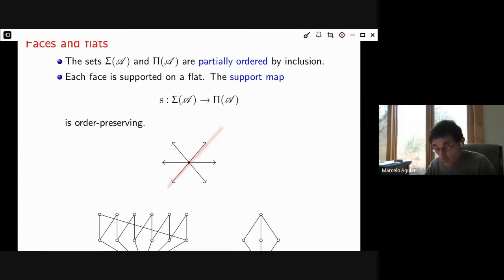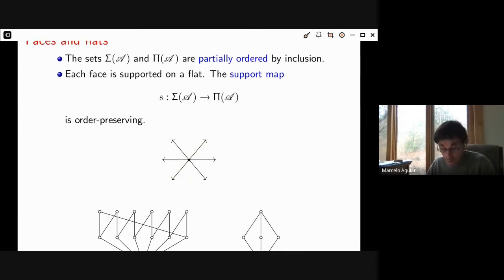That would be the support of this face. The support of a face is the smallest flat containing the face. It is simply the vector subspace spanned by the face. The faces are not vector subspaces; the faces are cones. The flats are vector subspaces. We have the support map linking one to the other, and this map preserves the order, because the order is defined in both cases as inclusion.